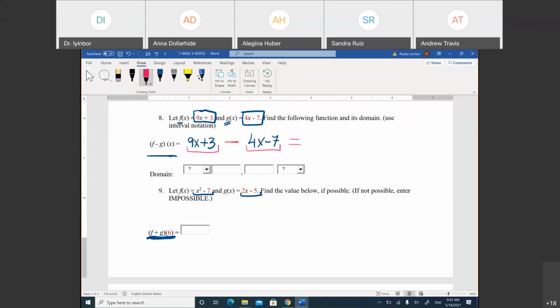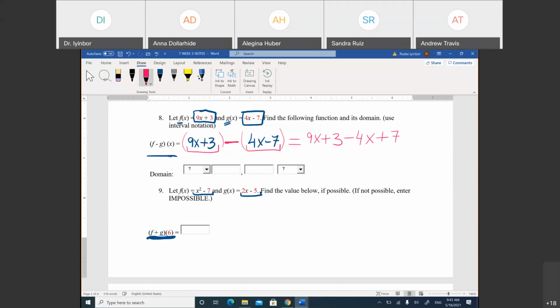Now, if it's negative, that's why I put it like little boxes, like it's in parentheses. So look at it like in parentheses like this. Okay? So what you have is 9x plus 3. You're going to distribute the negative, so it's going to be minus 4x. Minus and minus is plus 7.